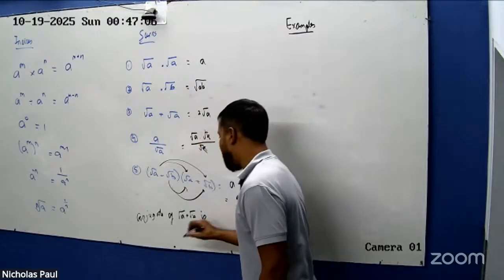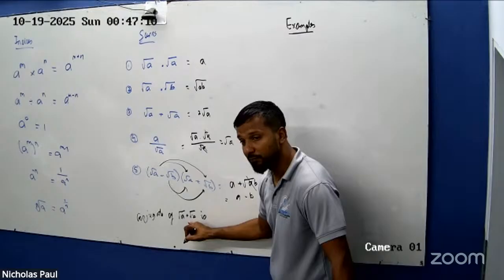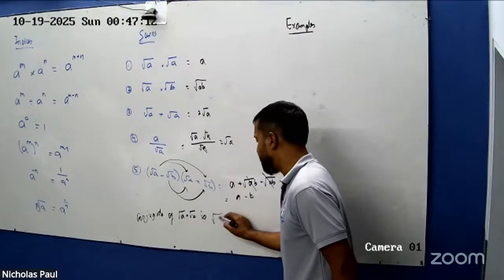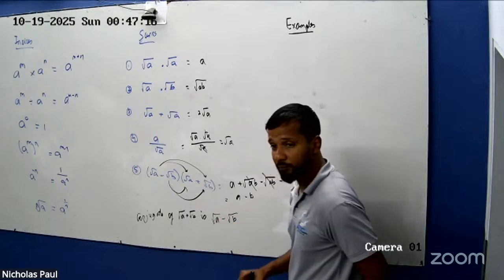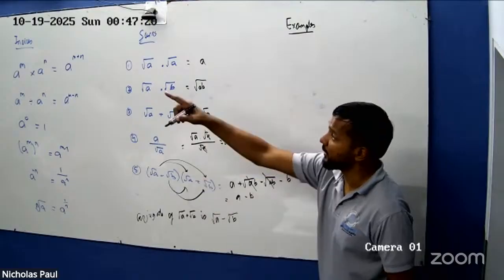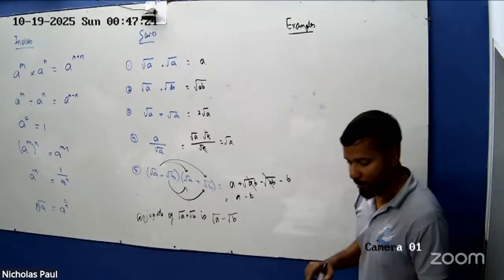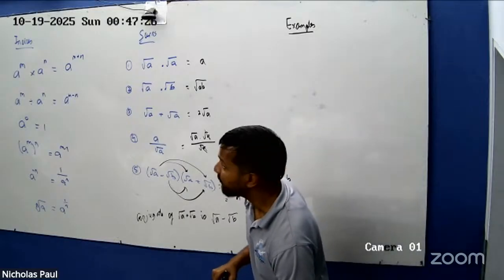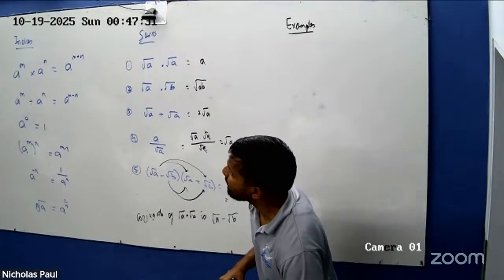The conjugate of root A plus root B is to just change the sign in the middle. So it becomes root A minus root B. So conjugate simply means you change the sign.